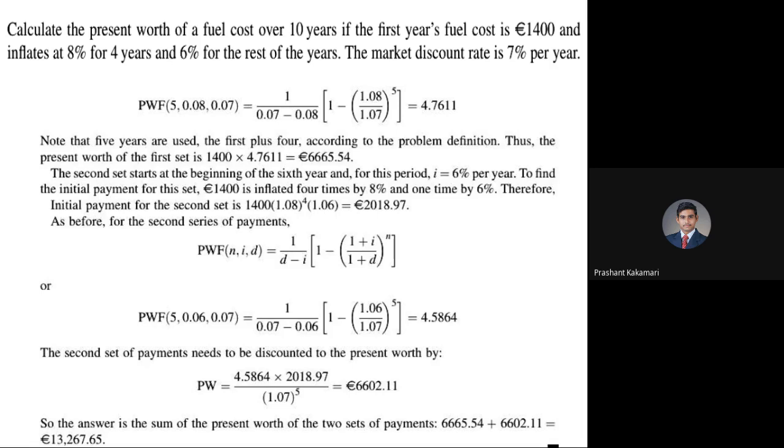So for considering 5 years in the equation, they have taken 1 divided by 0.07 is the discounting, minus inflation 0.08, into bracket 1 minus (1 plus i) that is 1 plus 0.08, which I can write as 1.08 directly, divided by 1.07 whole raised to 5 for 5 years.